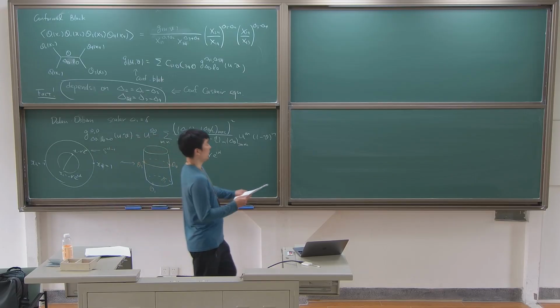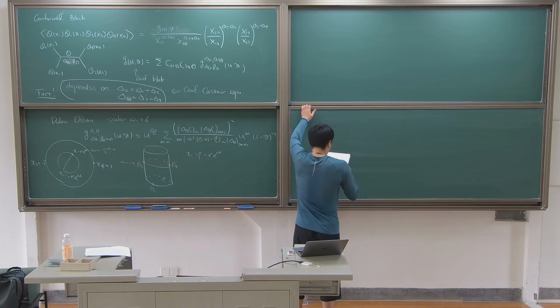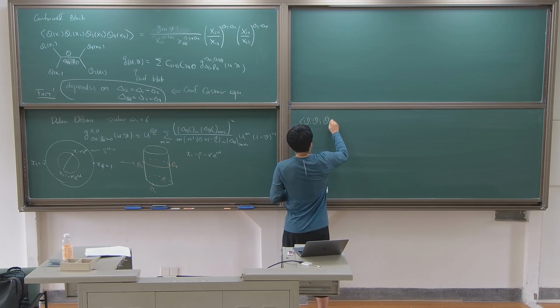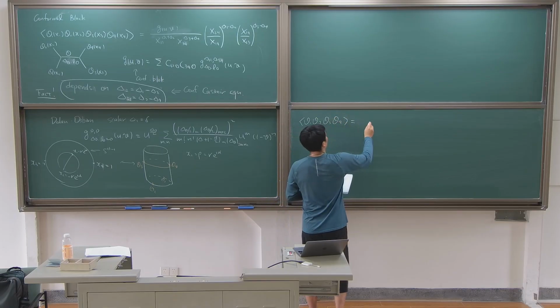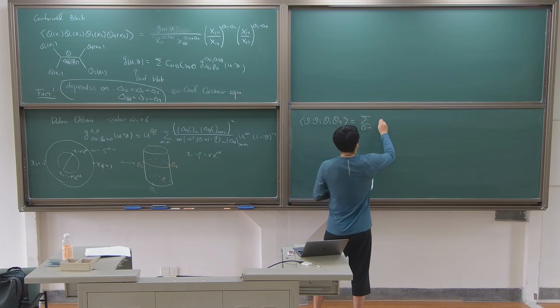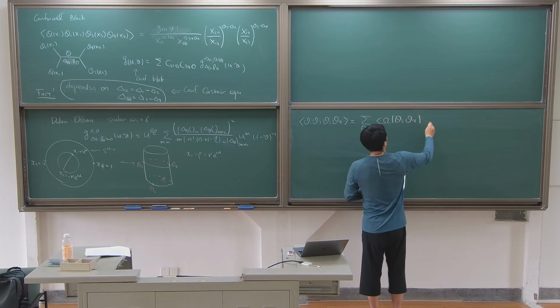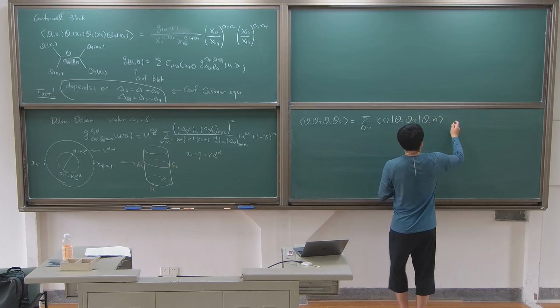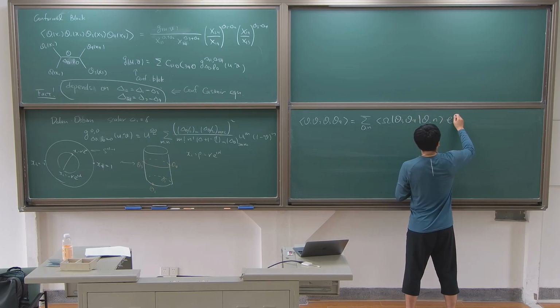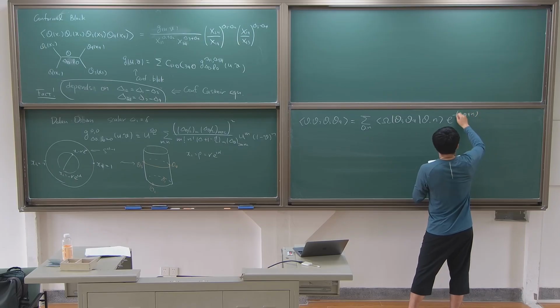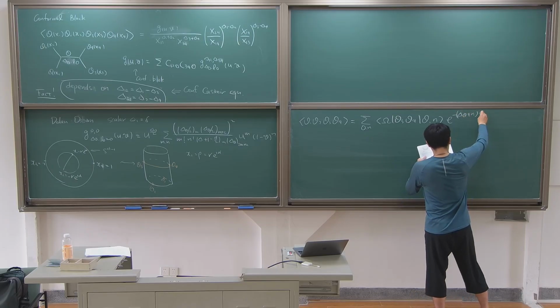Okay, so then this conformal block 4-point function can be decomposed as follows: a sum over O of the vacuum, O1, O2, O, and O, O3, O4, vacuum, times e to the minus (delta O plus n) tau epsilon.